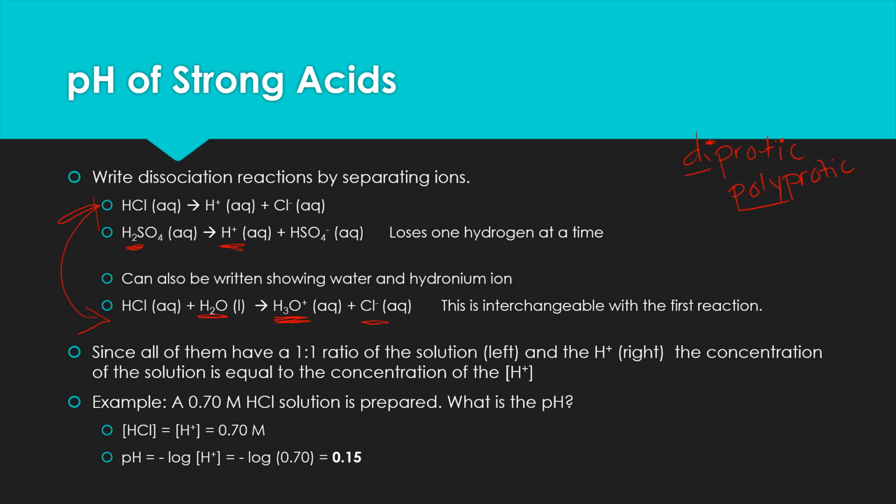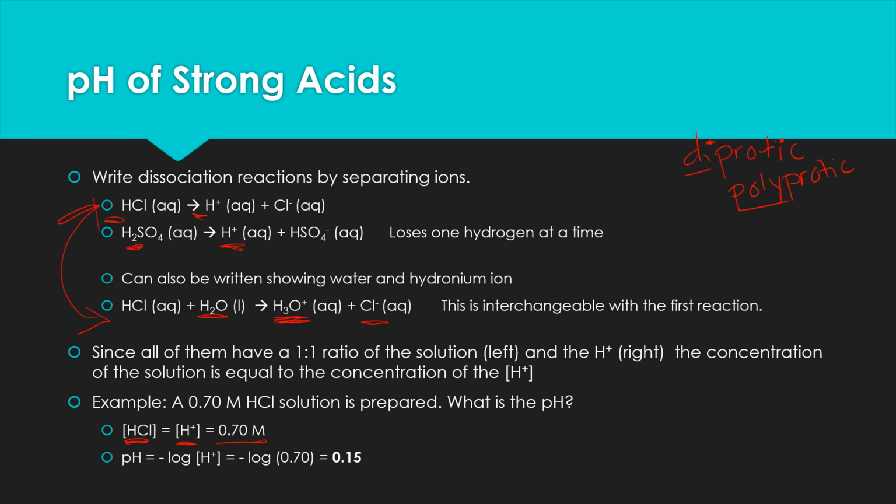So since all of them have a 1-to-1 ratio of the solution on the left and the hydrogen on the right, the concentration of our solution is equal to our concentration of hydrogen. They're interchangeable. So for example, if we have a 0.7 molar HCl solution, well, what's the pH? Well, if our concentration of HCl is 0.7, that's equal to our concentration of hydrogen, because we can see up here, a 1-to-1 ratio.